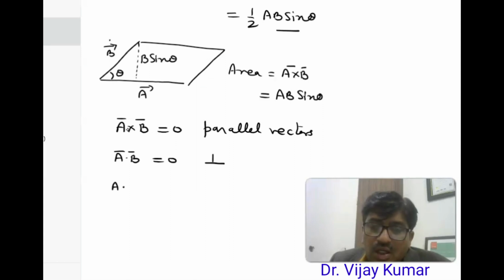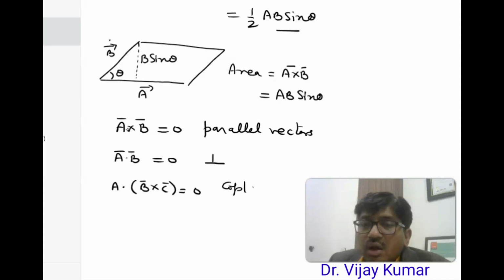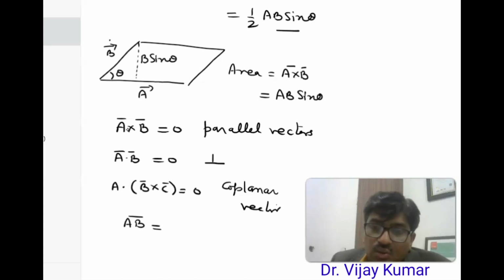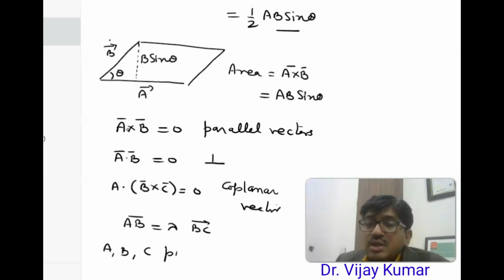A dot B cross C equal to 0 means coplanar vectors. And AB equal to lambda BC means points A, B, C are collinear.